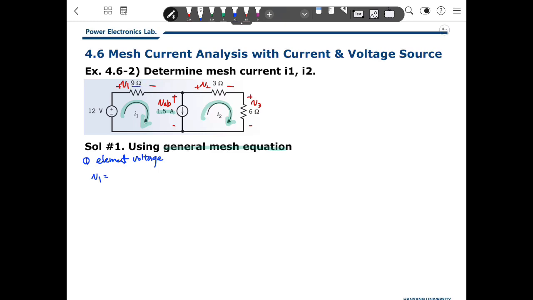Because there is only one mesh current here, I1, V1 is 9I1. And what is V2? There is only one current, I2, so it's 3I2. And what is V3? It's 6I2 here. And there is one more unknown variable. What is that? VAB, but I don't know its value because it is the voltage across the current source here.